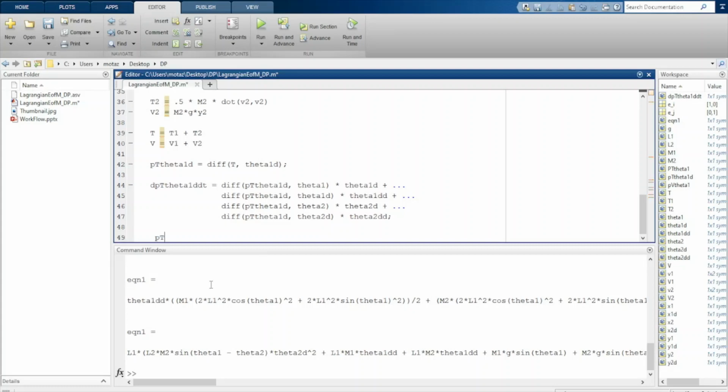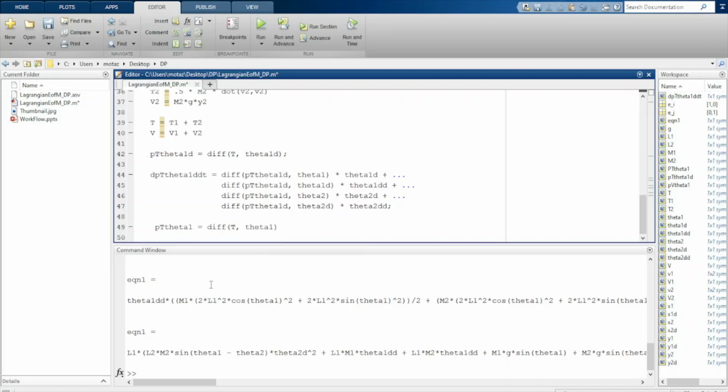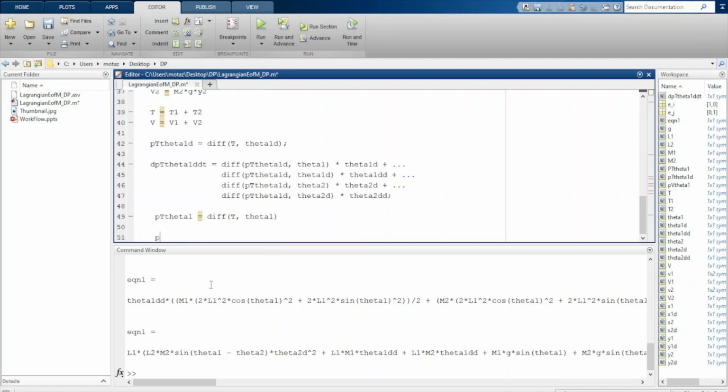Kinetic energy is T. The partial derivative of the kinetic energy with respect to just theta 1. And we do the same for the potential energy.